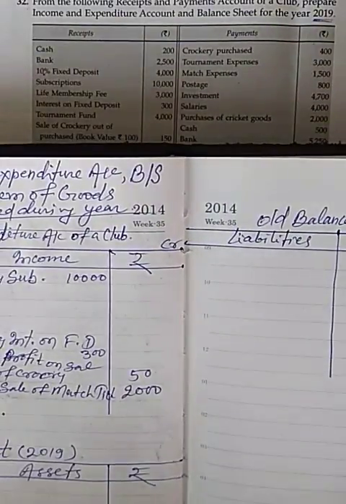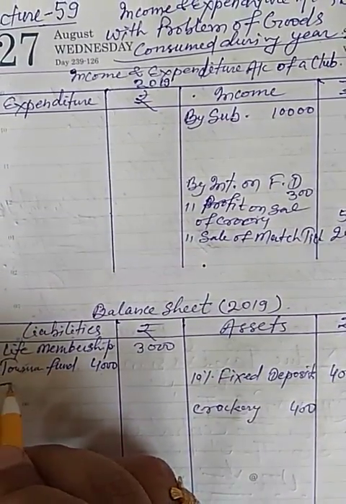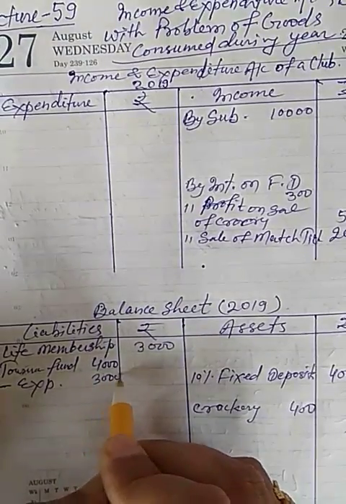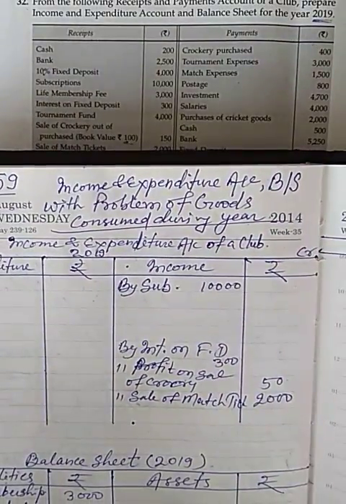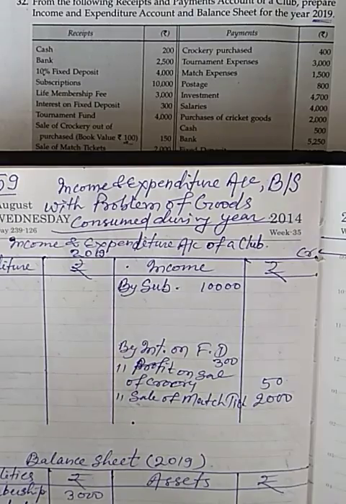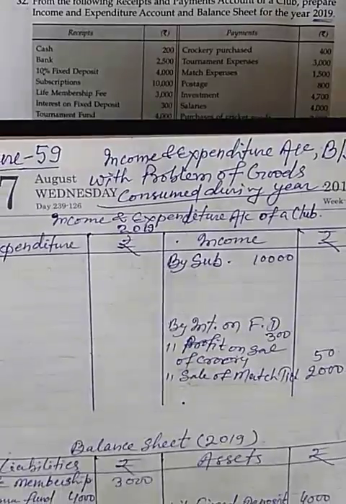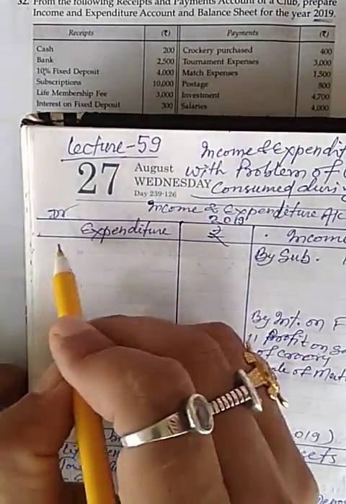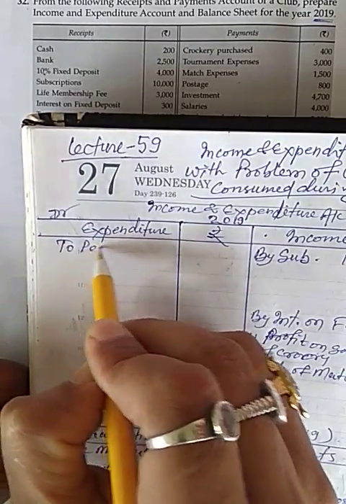Now tournament expenses is given. I will deduct expenses from fund 3000 and it will remain 1000. Now postage and investment is also given. Postage will be our expenditure, so I will add postage.